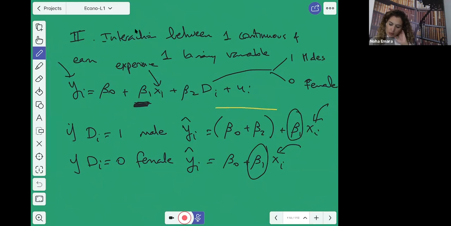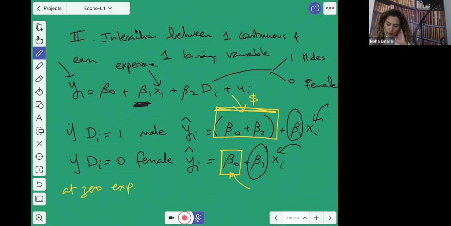See this intercept versus this intercept. The intercept for the male model versus the intercept for the female model. So this one is telling me the amount of earnings in dollars that a male person would get if experience is 0, right? So at 0 experience, you plug in xi equals 0, then this part is gone, this part is gone.